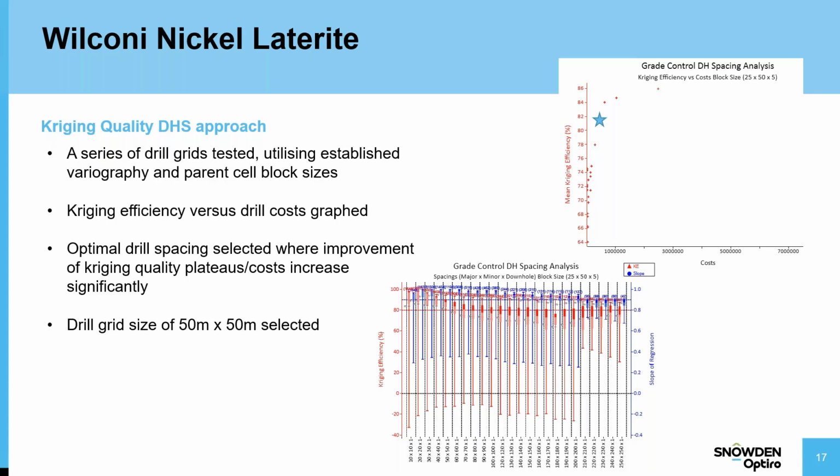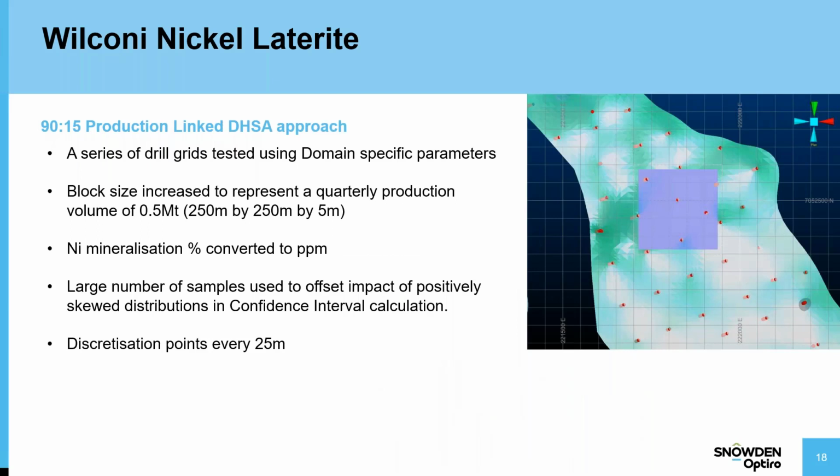And we selected a drill spacing of 50 by 50. And again, that was approximately 80 to 82% kriging efficiency and not a huge cost. So yeah, 50 by 50 grid spacing defined by the kriging quality drill hole spacing analysis.